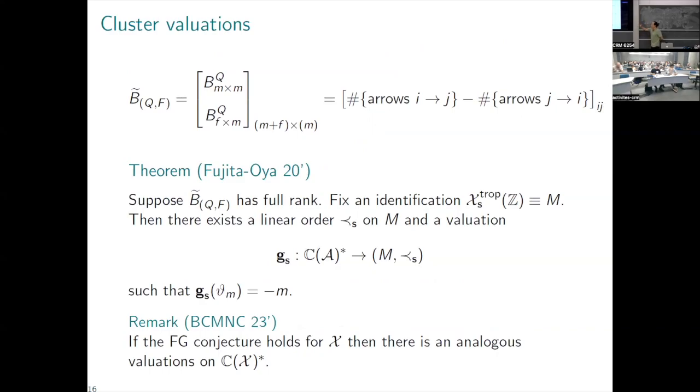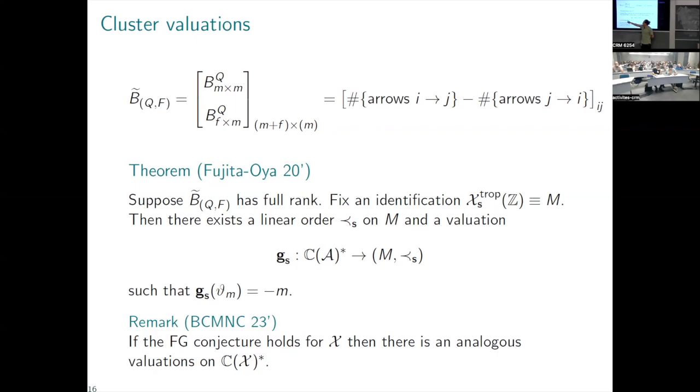This is just the sign incidence matrix of the quiver, like the adjacency matrix but with signs. The ij entry is given by the difference between the number of arrows from i to j and arrows from j to i. And Fujita and Oya proved that if I'm in full rank, then I have a cluster valuation that has this property.